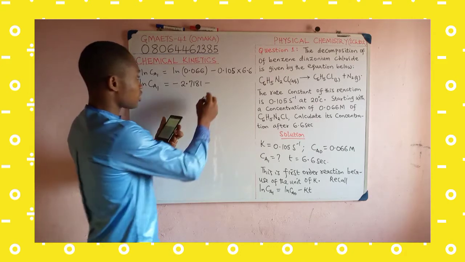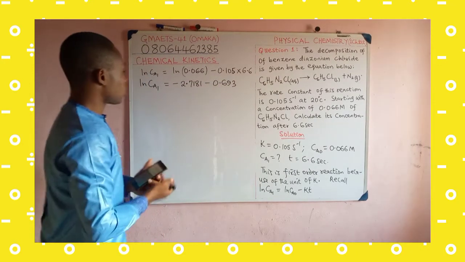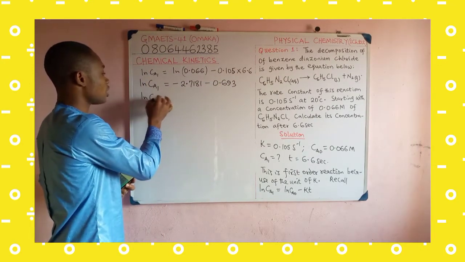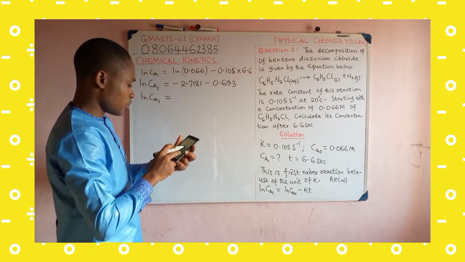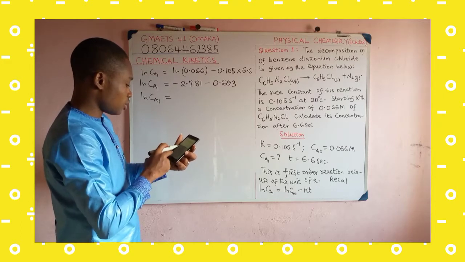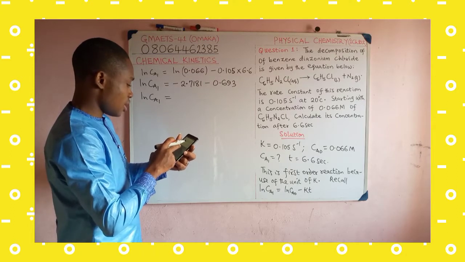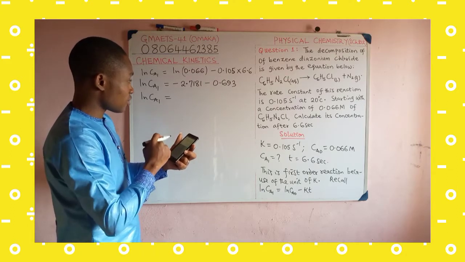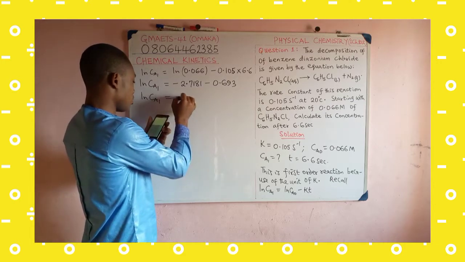That's giving me 0.693. So ln CA1, that's ln of the final concentration, is minus 2.7181 minus 0.693. So from here it's giving me minus 3.4111.